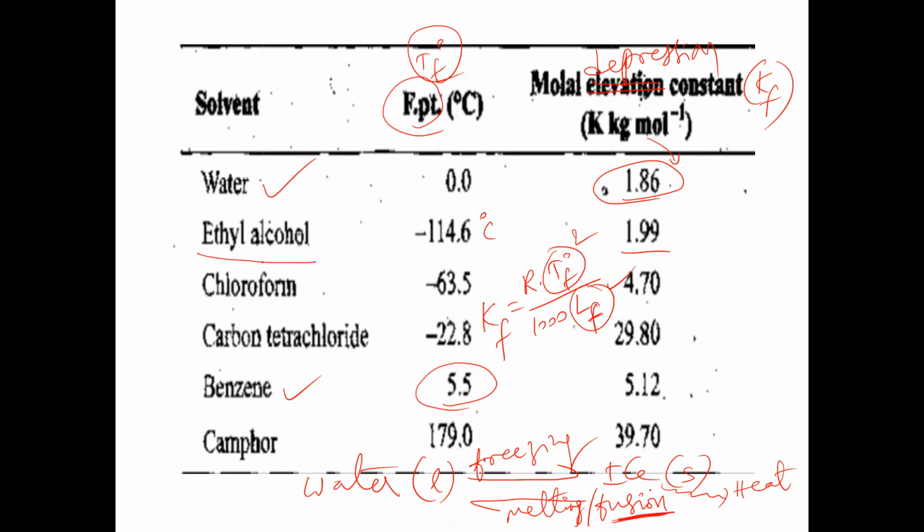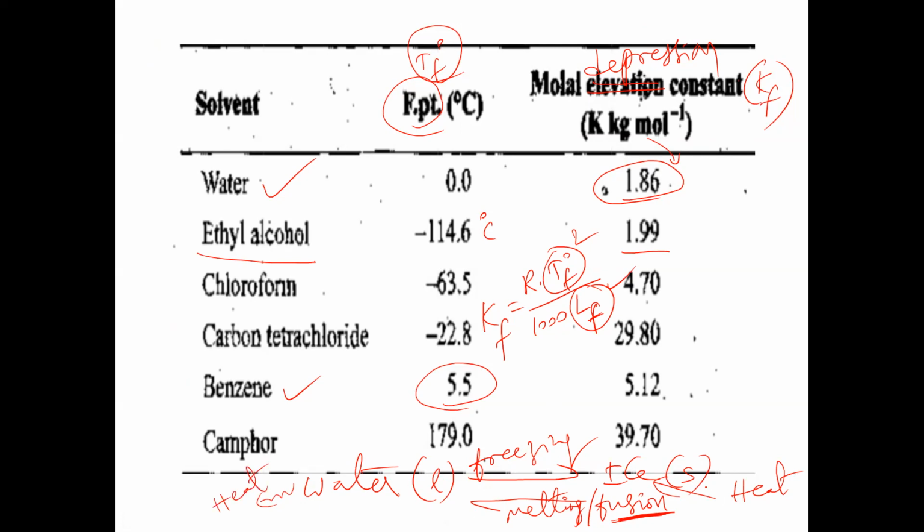In the conversion of ice into water, the ice absorbs heat to form water. In the conversion of water into ice, the water loses some amount of heat.